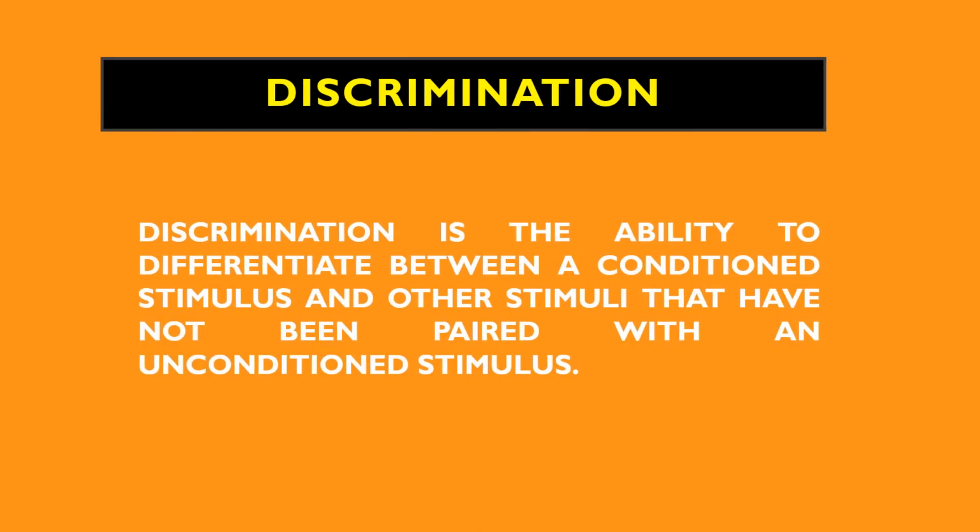Discrimination. It is the ability to differentiate between a conditioned stimulus and other stimuli. They can be similar but have not been paired with an unconditioned stimulus. So in Pavlov's experiment, he tested to see if animals could discriminate between seemingly similar stimuli.